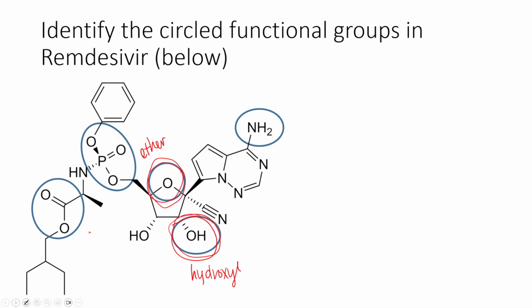And hydroxyls are sometimes also called alcohols. And all right, so finally in the upper right corner, what's that one? Amine, great. Okay, great. So looks like y'all remember your functional groups.